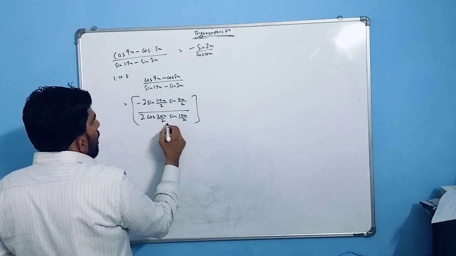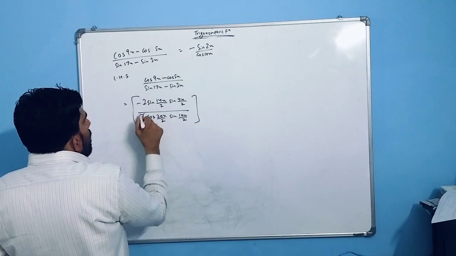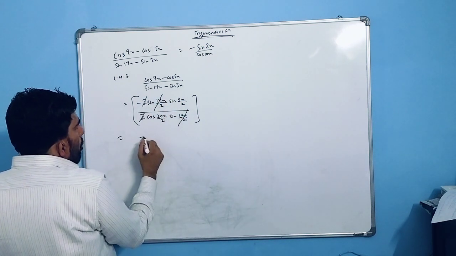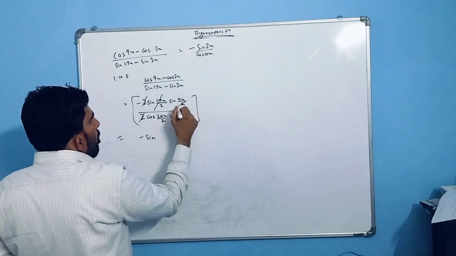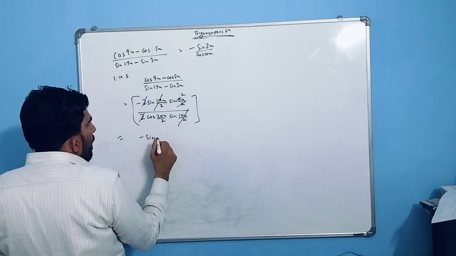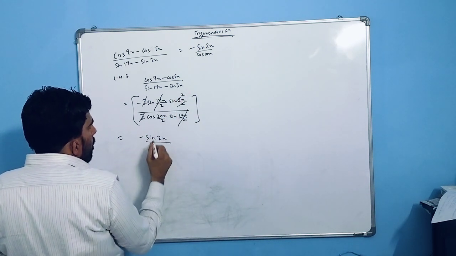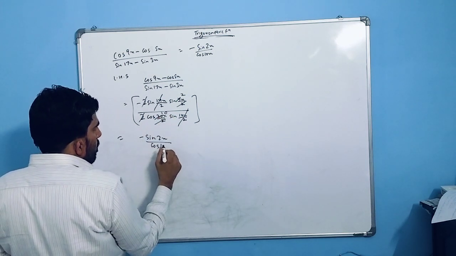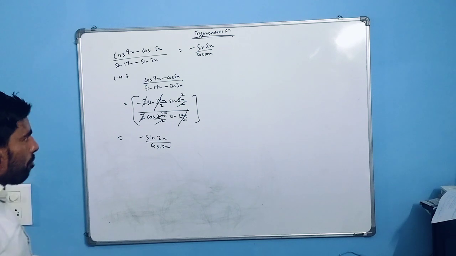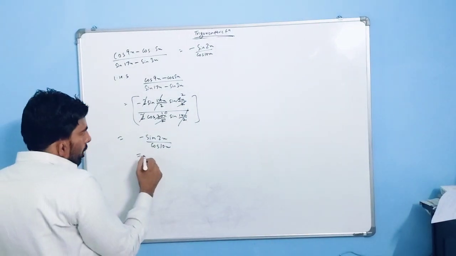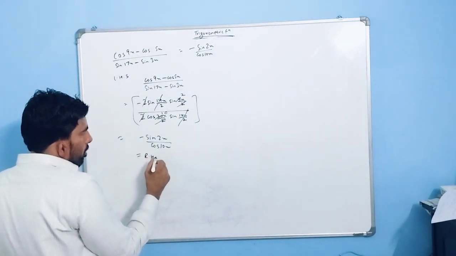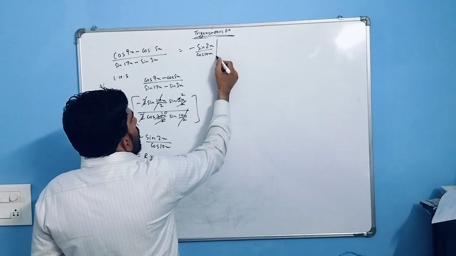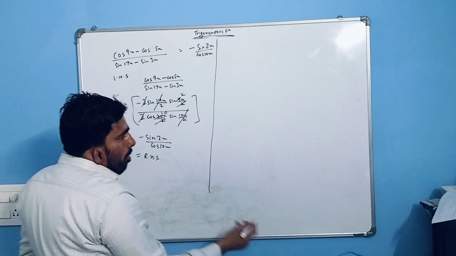So we can see here directly we can reduce this. So I got minus sin 2x upon cos 10x, which is required in the RHS. Now try to solve the second numerical we have.